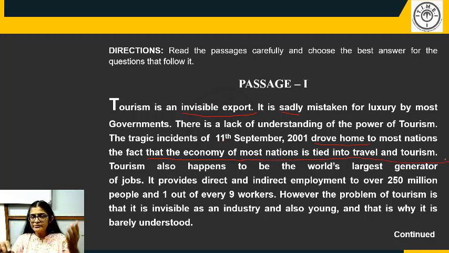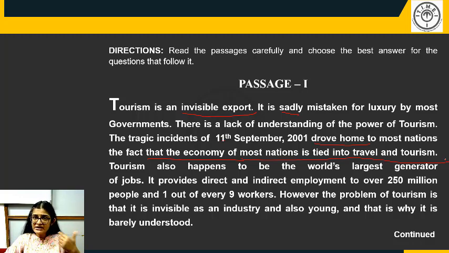You all know what happened on 11th September 2001, right? So, yes, the Twin Towers. Now, why did this have an impact on tourism? Obviously, after this incident, tourism suffered a major setback.